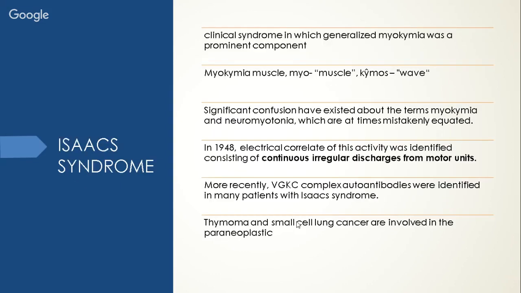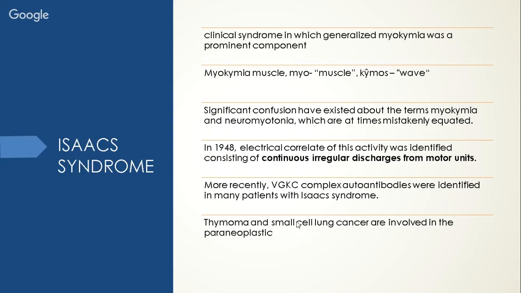Isaac syndrome is another condition, but this one mainly involves generalized myokymia. Myo of course is muscle, and kymia is a wave. In Isaac syndrome there are actually 2 neurophysiological phenomena, myokymia and neuromyotonia, but they're not the same.